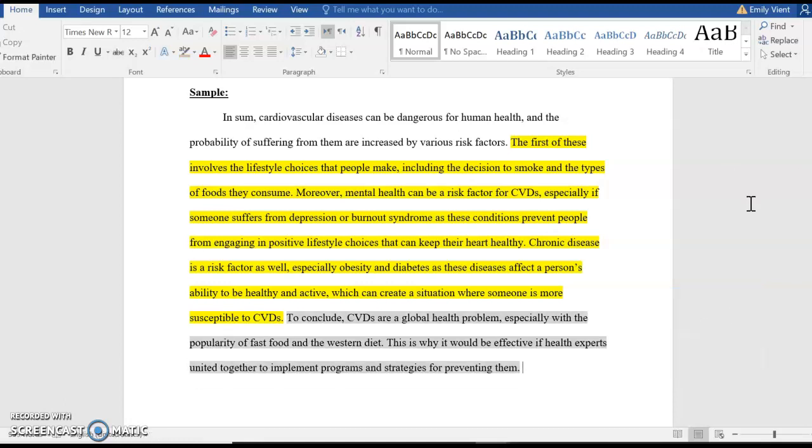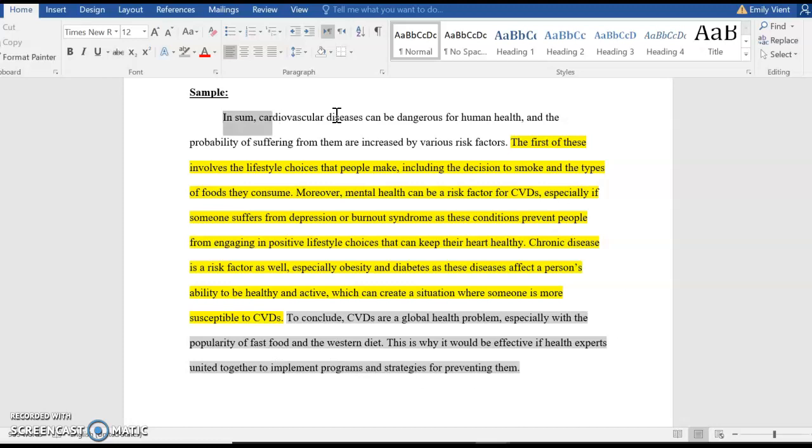Remember, all good writing starts with terrible first efforts. But it's a recommendation. The second part here is recommendation. And here's an explanation more about CVDs, their global health problem. Okay.